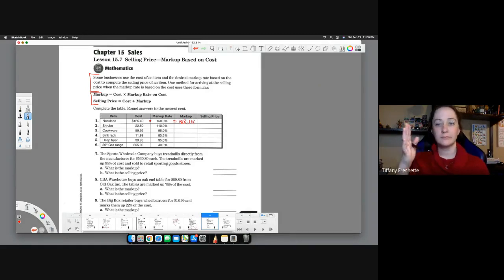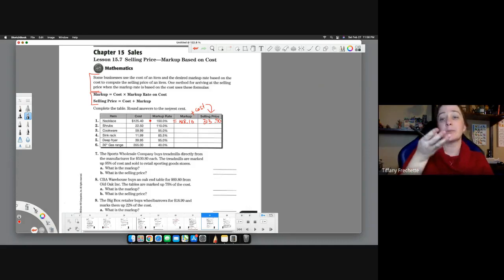But remember, we do two decimals for money, so $188.10. For the selling price, we need to make sure we add cost to get selling price. So we're going to add this back to the cost. So we have 125.40 plus 188.10. So the selling price is actually $313.50.